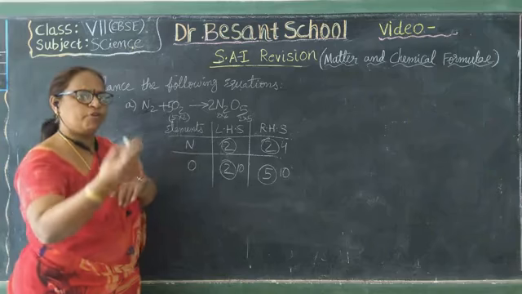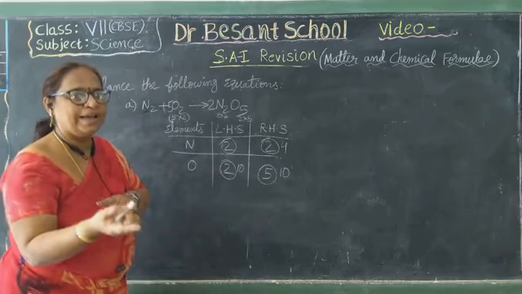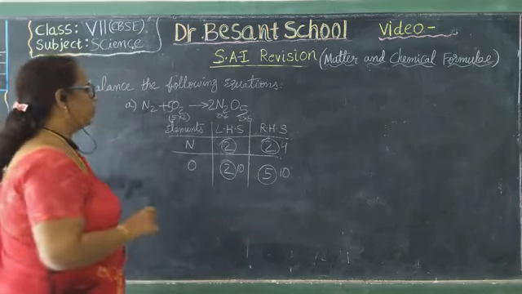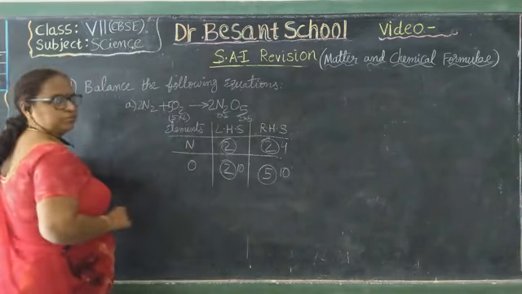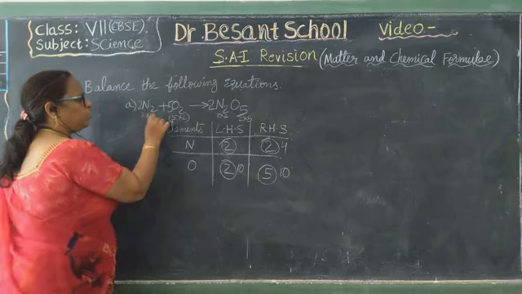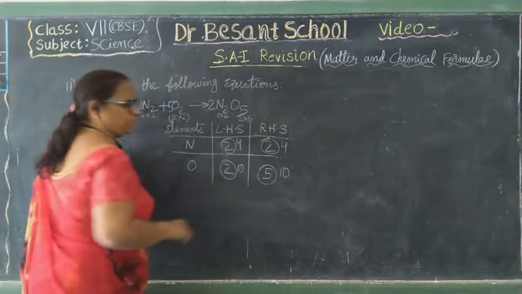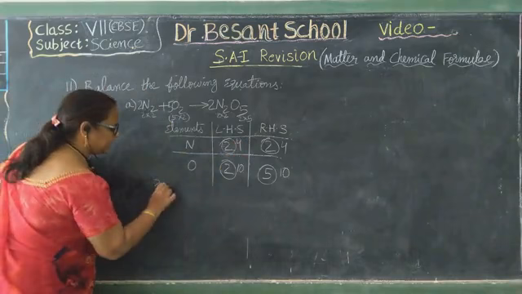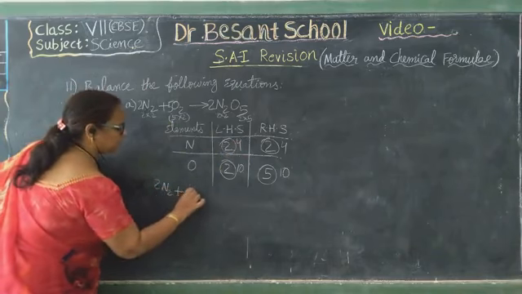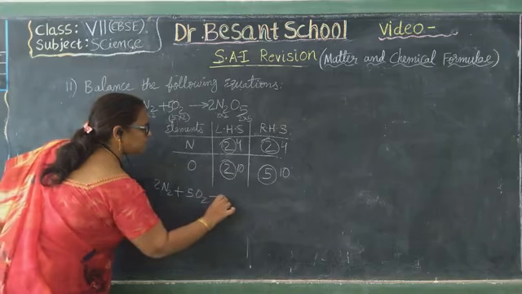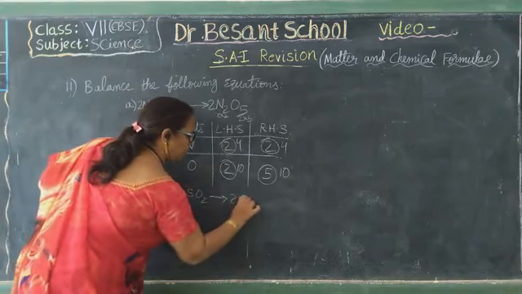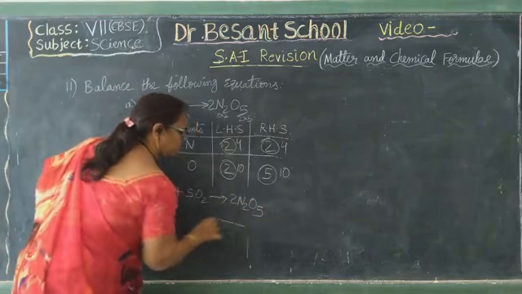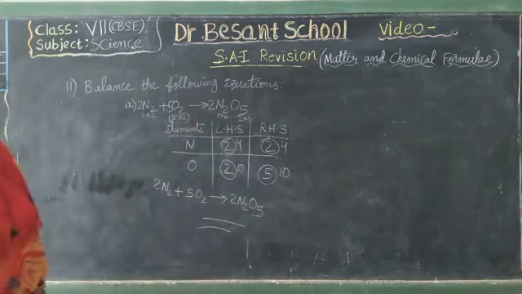The 2 to become 4, we should multiply with which number? Yes, with 2. So keep 2 before N2. Now 2 into 2, 4. This also became 4. So now the balanced equation is 2N2 plus 5O2 gives rise to 2N2O5. This is the balanced equation.